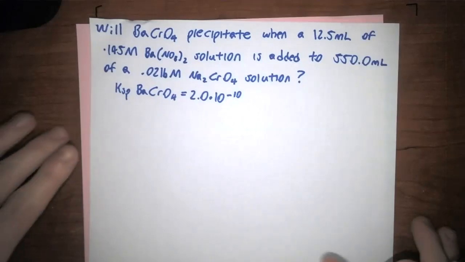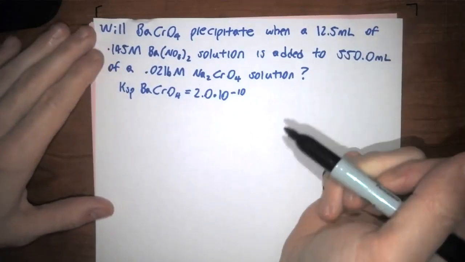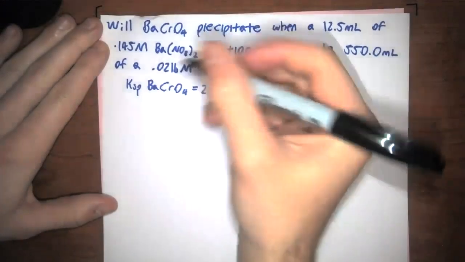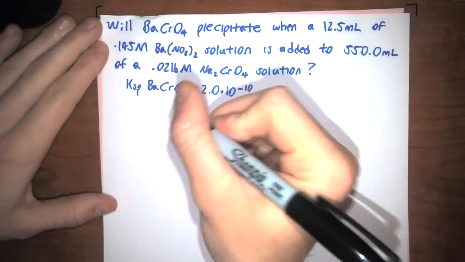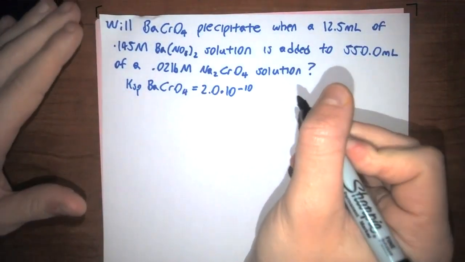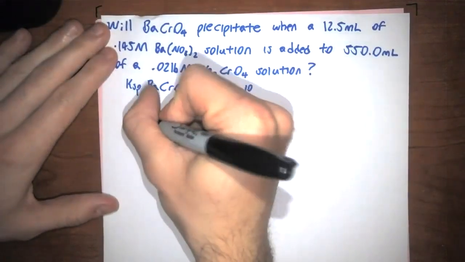Okay, so for those of you who have not paused the video or are coming back, we're going to go ahead and work out the problem. What's the first step? Write our balanced chemical equation.